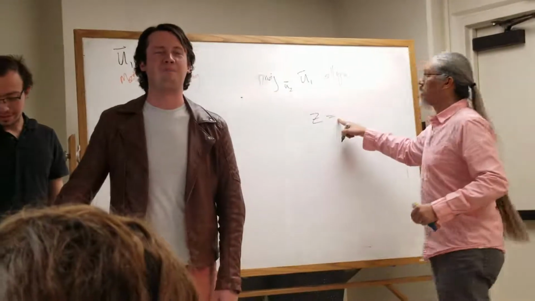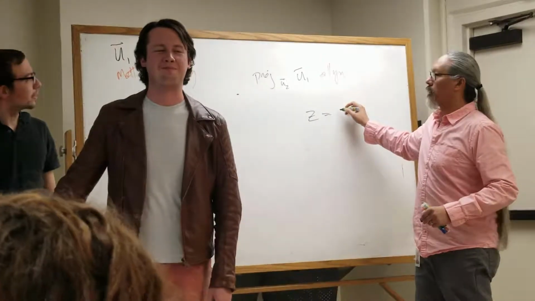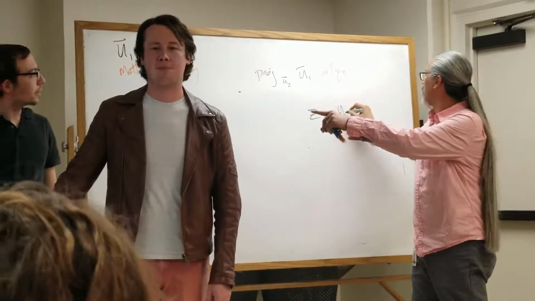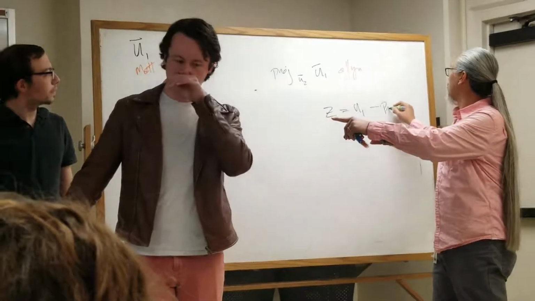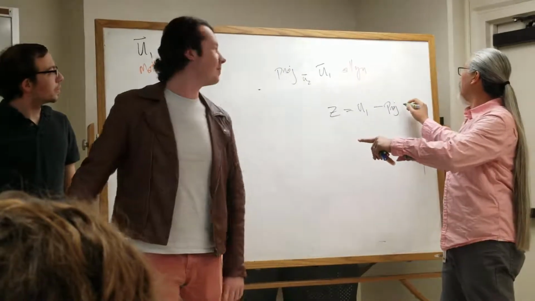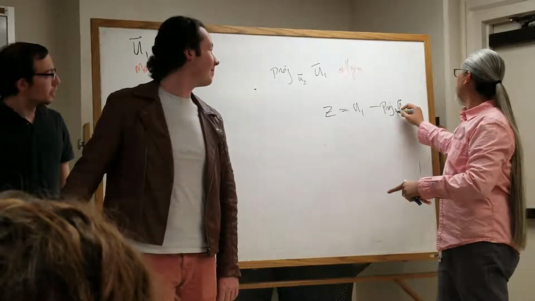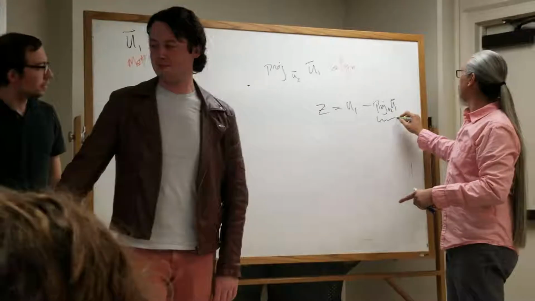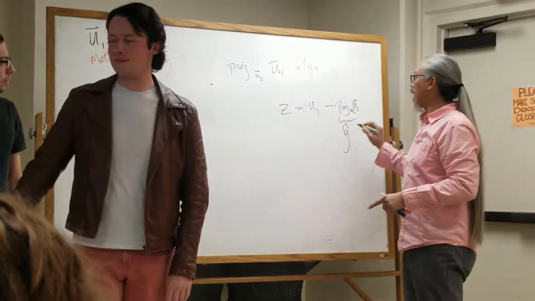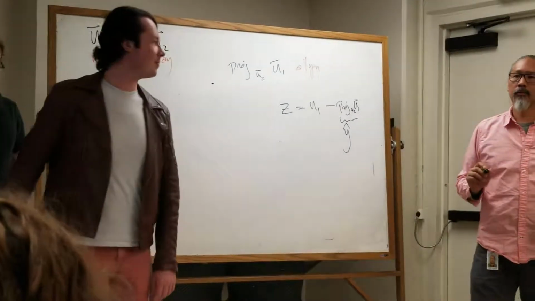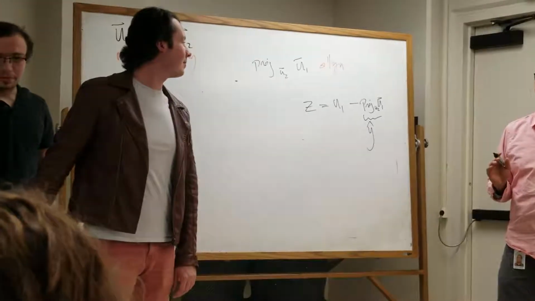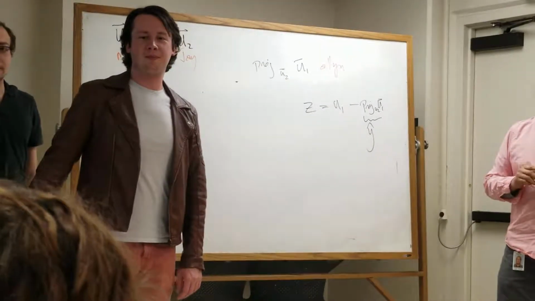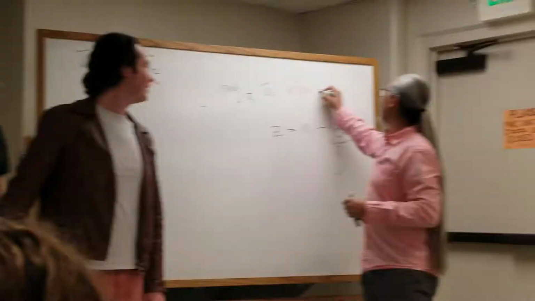So Z is equal to U1 minus the projection of U1 onto U2. And this is what they call Y hat. You see that? So Allen is really Y hat.